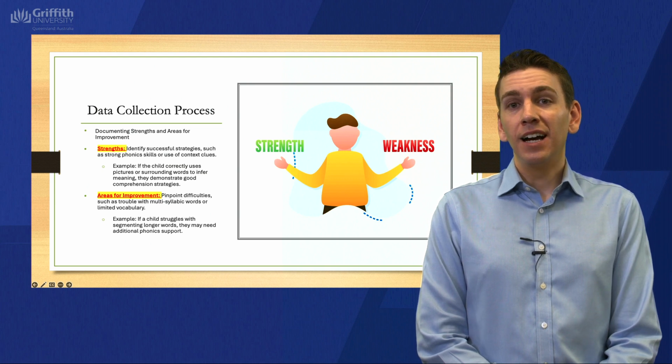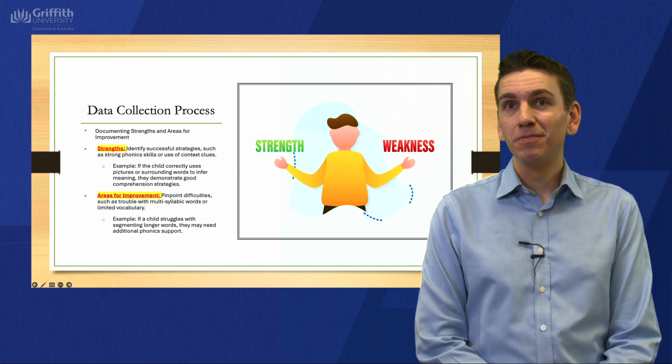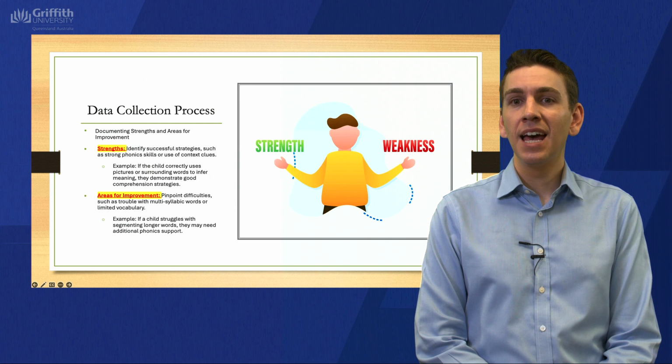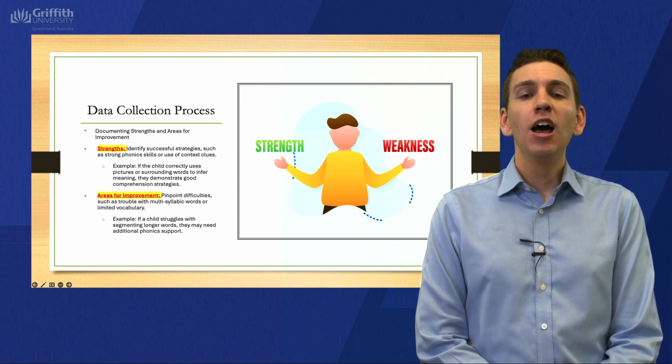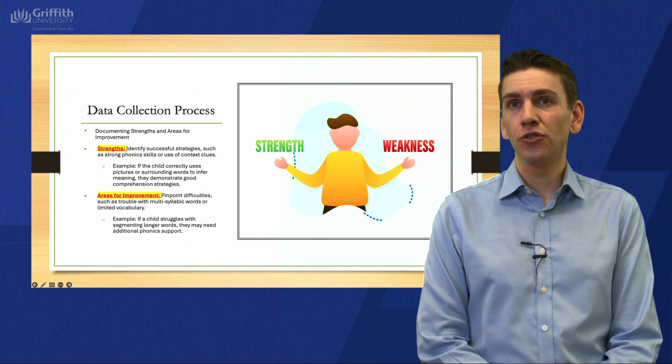Now, as I said earlier, it's important you don't just document areas for improvement, because we are pastoral care leaders first and foremost. Look for the child's strengths and areas for improvement in reading. By you identifying what a child's doing well and where they may need support, you can then tailor your approach to learning.